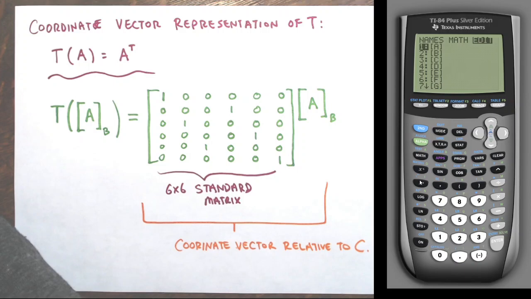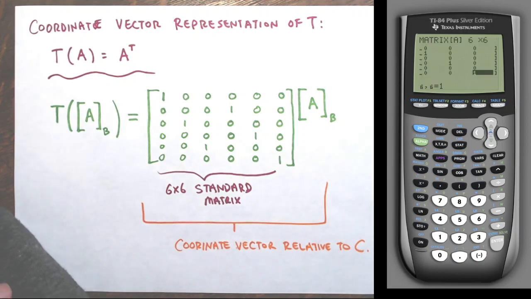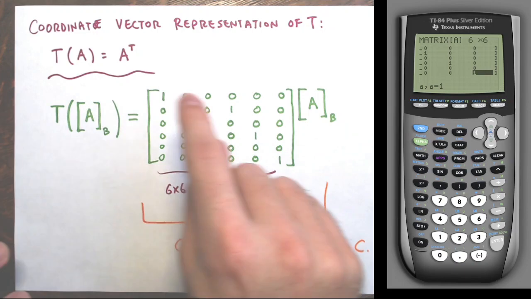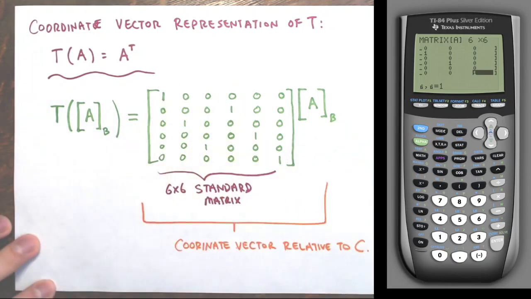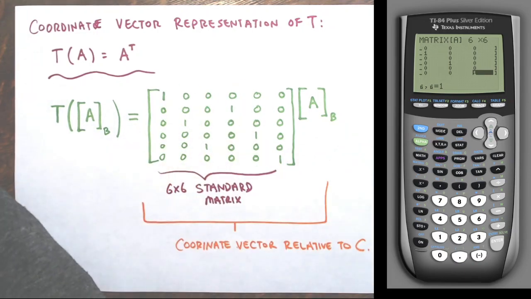In fact, I'm just going to pause the recording right now while I do this. Okay, so I've entered this 6 by 6 matrix, this standard matrix here. That's matrix A on my calculator.